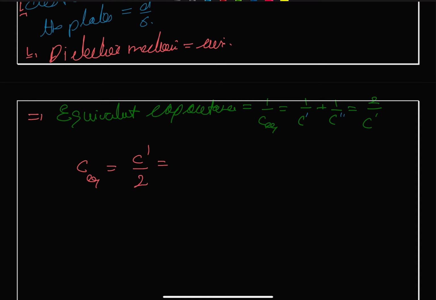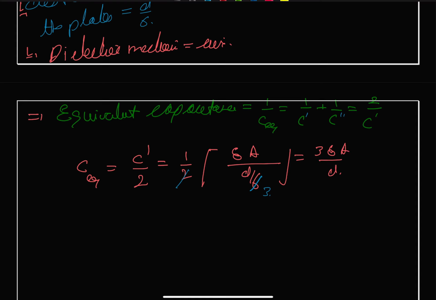C prime is epsilon naught A over d by 6, which is 6 epsilon naught A by d, so C equivalent is equal to 3 epsilon naught A by d.